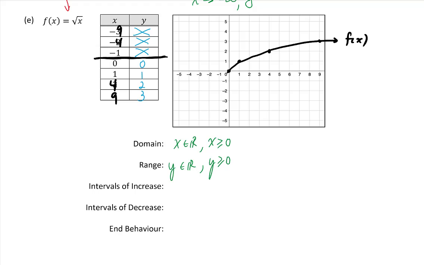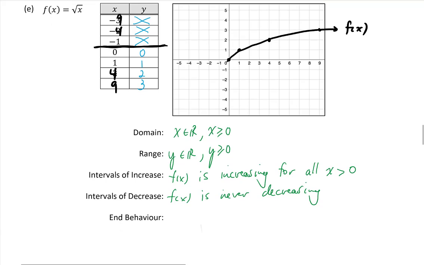The intervals of increase, hopefully you see that f of x is increasing for all of x. And notice it's increasing for all x within its domain. And we also see that it's never decreasing. And finally, the end behavior.